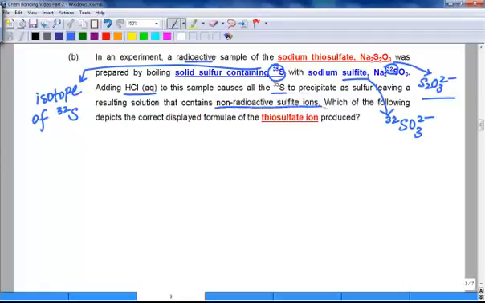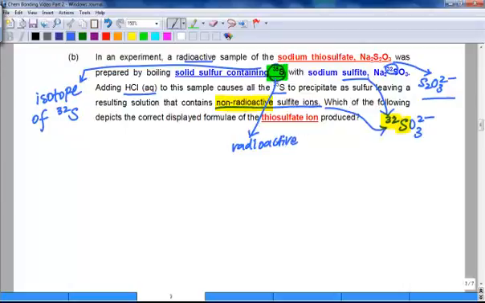And of course, this sulfite ion refers to 32. Since non-radioactive is for the isotope sulfur 32, it just means that sulfur 35 is radioactive.